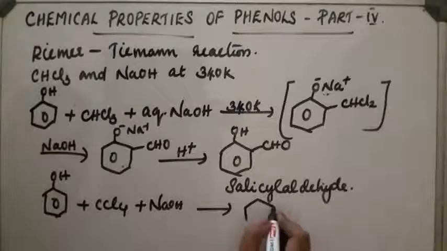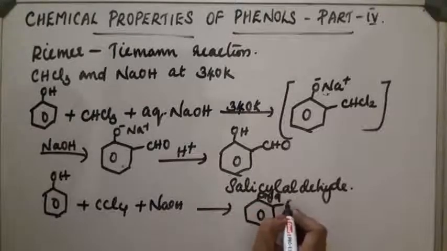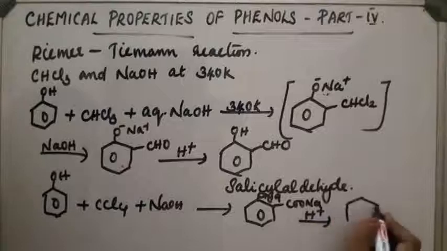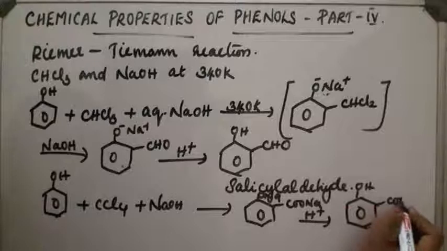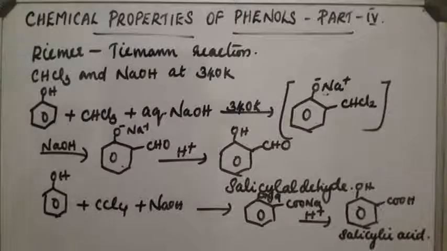First, sodium salt will be obtained, ONa. Then, on acidification, forms salicylic acid. Product will be salicylic acid. So, this reaction is called Reimer Tiemann reaction.